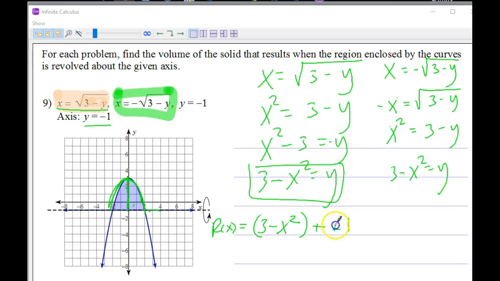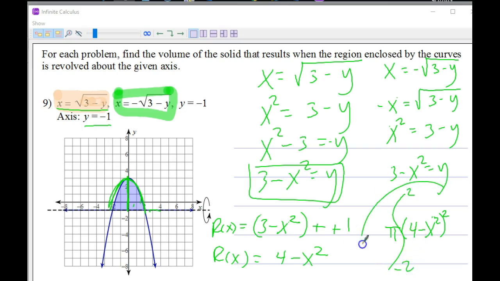Good. So my radius is 4 minus x squared. Yes! Okay, I was close enough. All right. So then the area would be pi times that squared, from what to what? -2 to 2. Yes. Don't forget your dx.